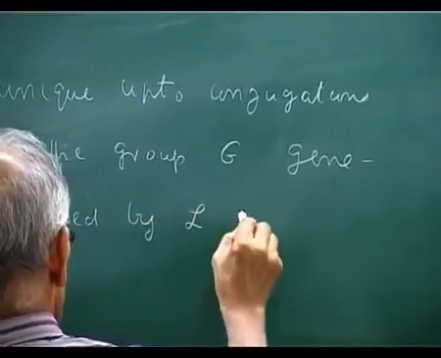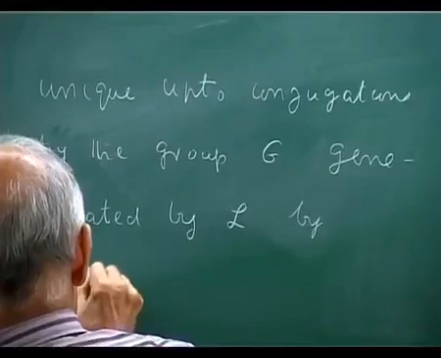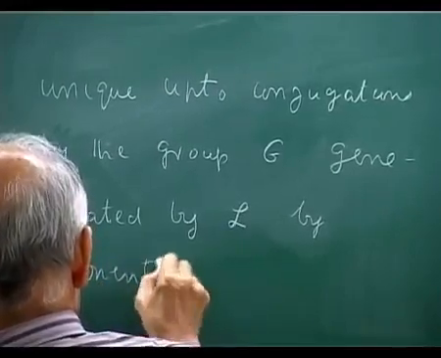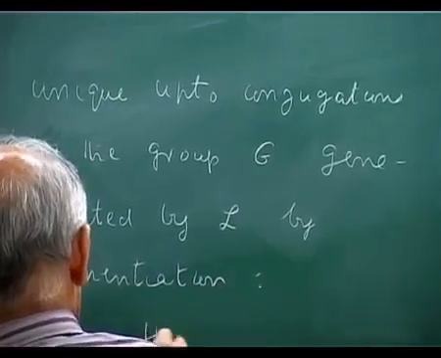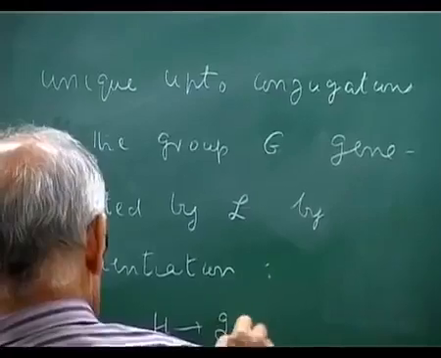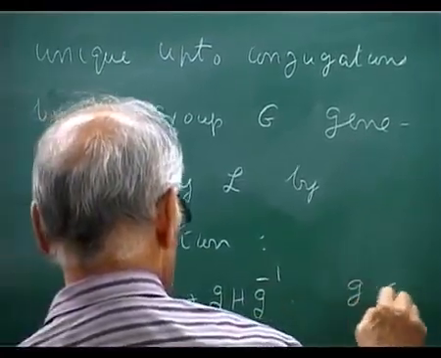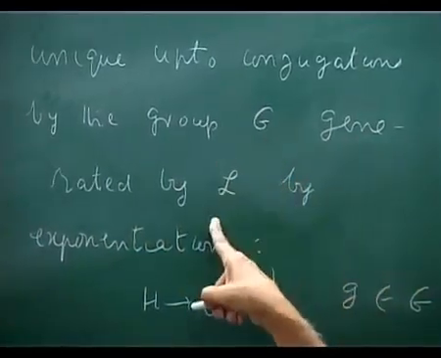By exponentiation, okay. That is H going to G H G inverse, where G is in G. So you are given the Lie algebra.